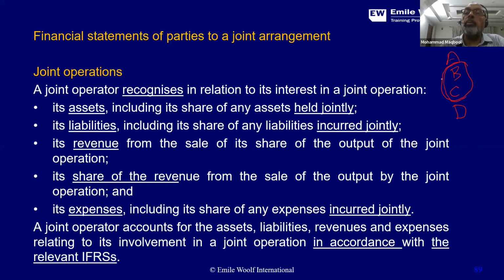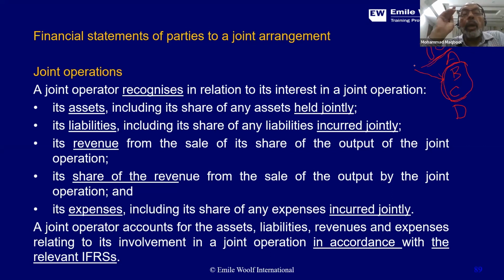Joint control is with them, right? And now, if it's a joint operator, a joint operator recognizes this is a joint operation. This is not the joint venture, because if it's a joint venture, then equity method. If it's a joint operation, then accounting is being prescribed here.